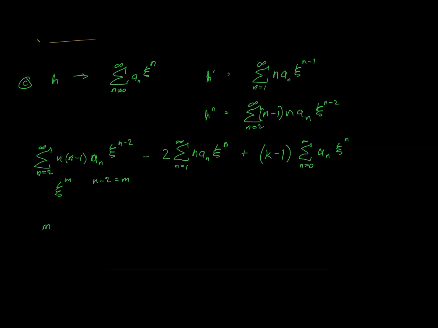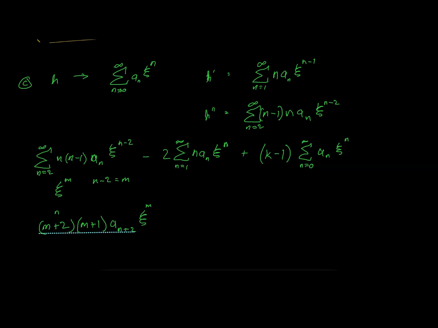We have m plus 2, that becomes our n, and our n minus 1 becomes m plus 1, times a sub m plus 2 times c to the m.